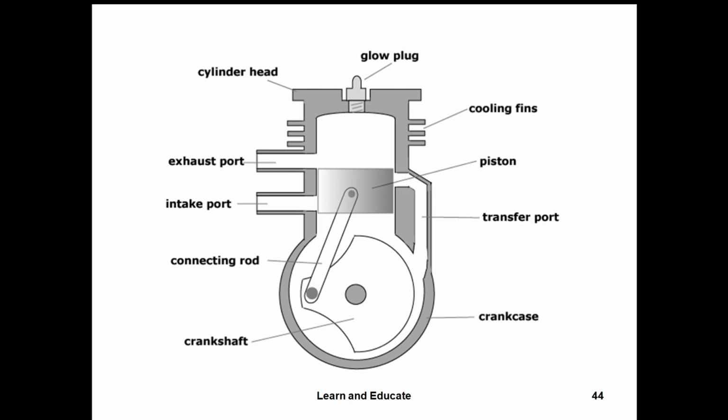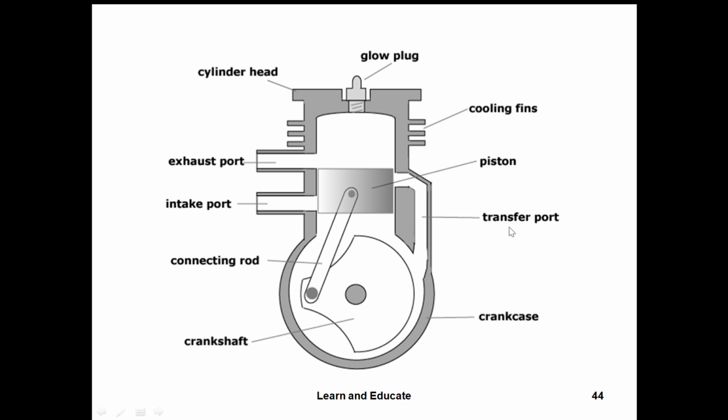So here you can see the different parts of a two-stroke engine. In the case of a petrol engine, there will be a spark plug. If it is a diesel engine, there will be a fuel injector. Cylinder head and the cooling fins, and the different ports you can see on the side walls: intake port, exhaust port, and transfer port.